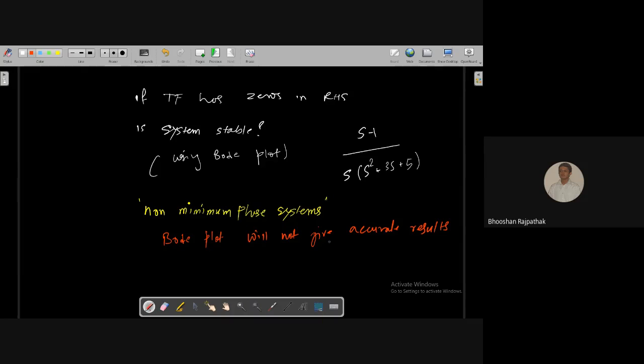The phase plot, when your zero is in RHS or pole is in RHS, will be different, but the gain plot will be same.